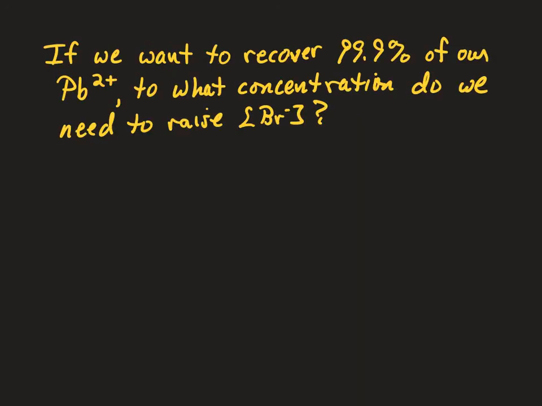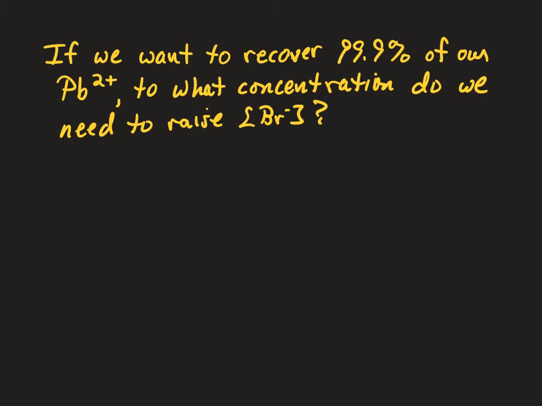Okay, so now we've precipitated most of our copper ion, most of our silver ion. So say we want to recover 99.9% of our lead ion. To what concentration would we need to raise the concentration of bromide ion to do that?